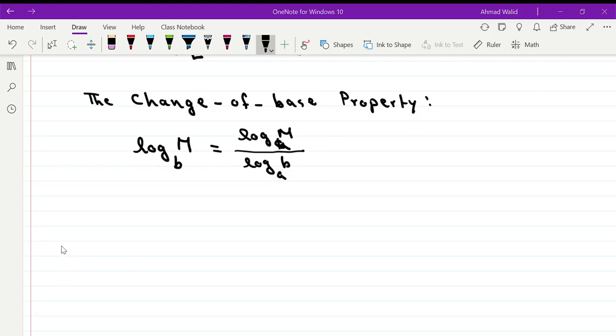Let me open a calculator for you. This is my calculator. And if I change it to scientific calculator, here is the button log. If you want to find the log of a number, your calculator always gives you base 10. Your calculator is programmed to find the logarithms of numbers if the base is 10. If your base is 6, 7, 2, or any other number, your calculator cannot find that logarithm.